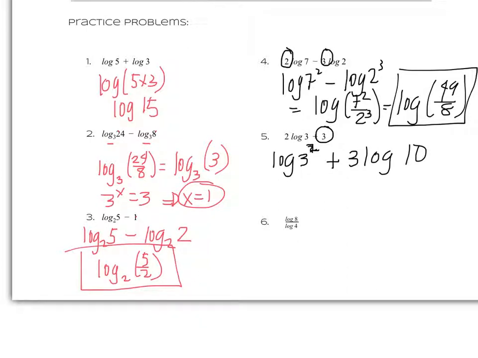So we do now have matching logs with base 10. Technically log 10 is equal to 1. 1 times 3 will give us this original part right here. If we now use our rules, we are allowed to multiply and we get log of 3 squared.